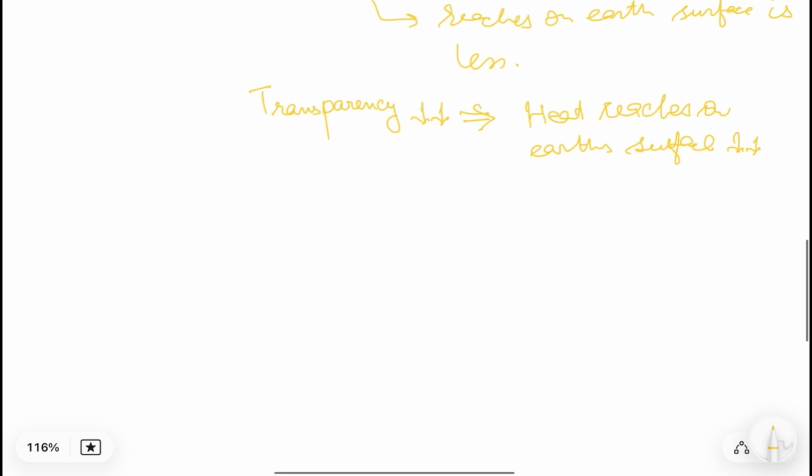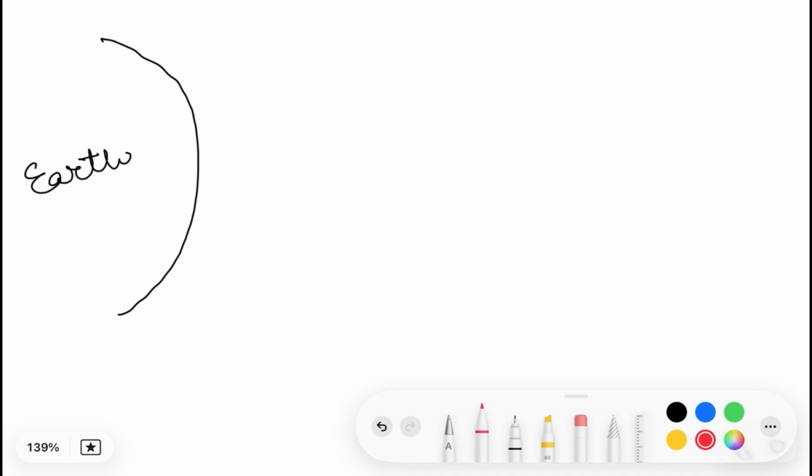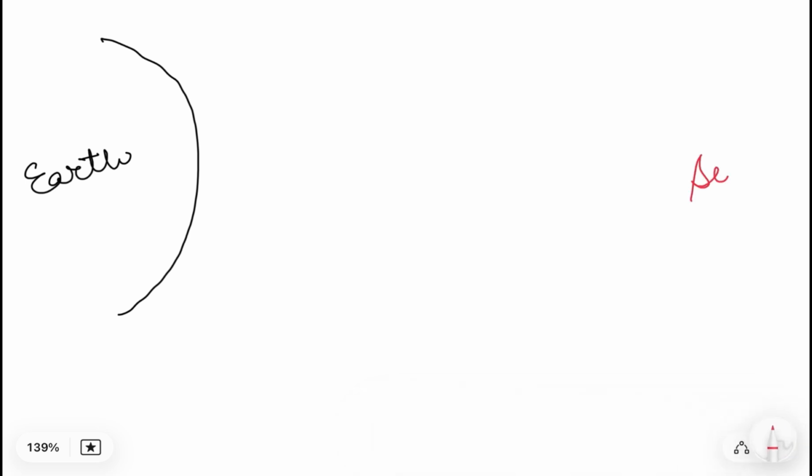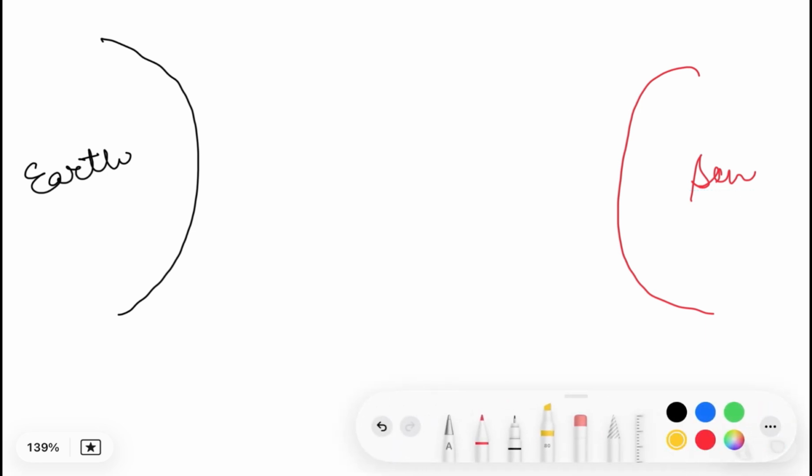Let's understand this topic. This is our earth and this is the sun. Now we have the incoming solar radiations.